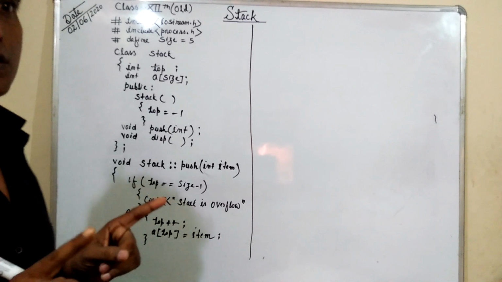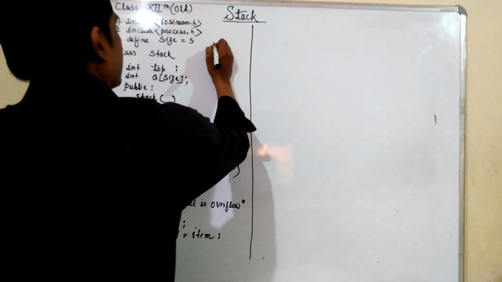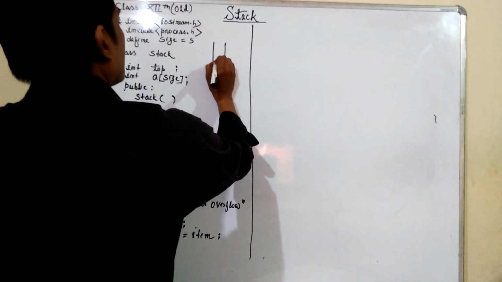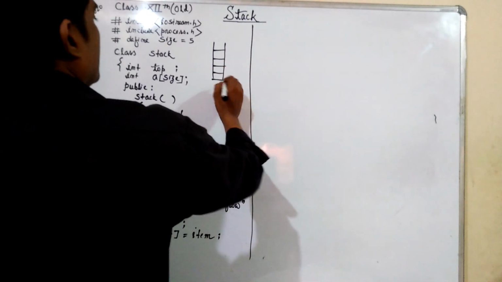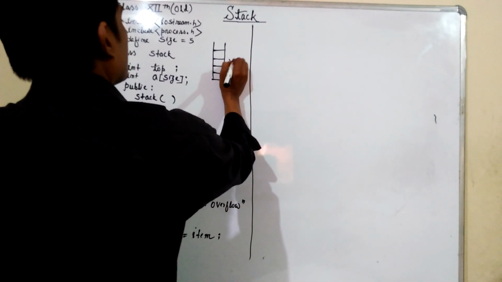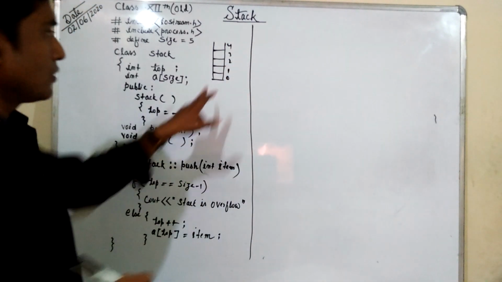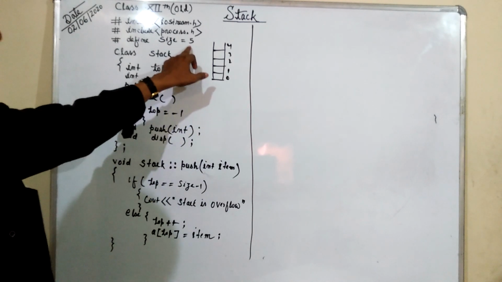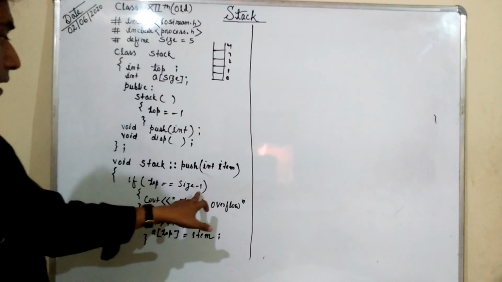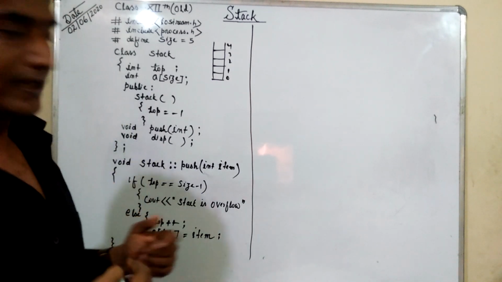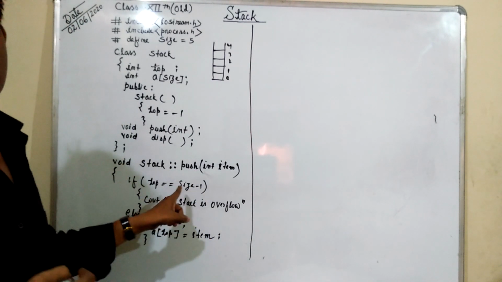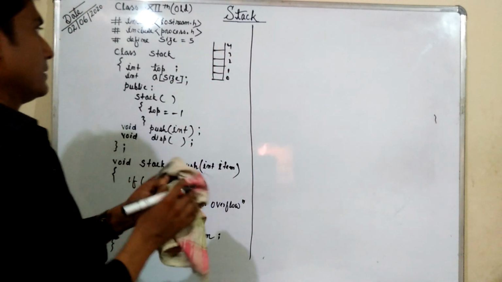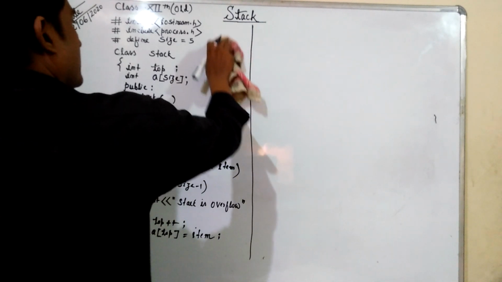Suppose I take the array like this, with 0, 1, 2, 3 and 4, so the total number of elements is 5. So I have to check size - 1, because I have taken 5, I subtract 1 from the size. That will be 4, so 4 will be my top. It's the top position.